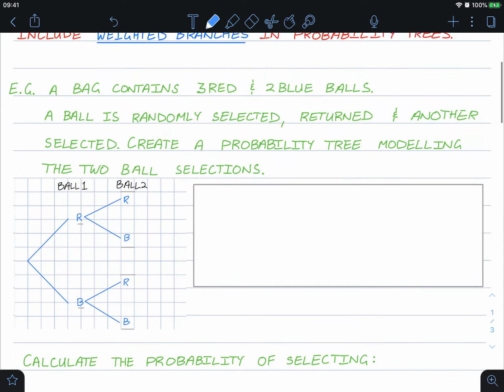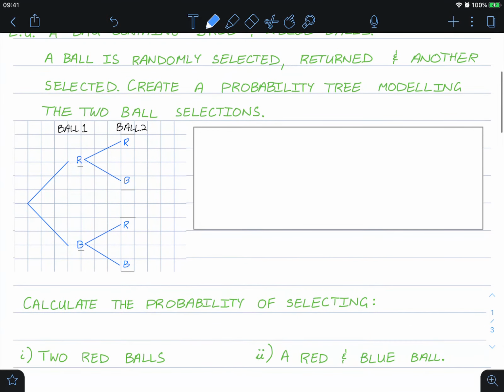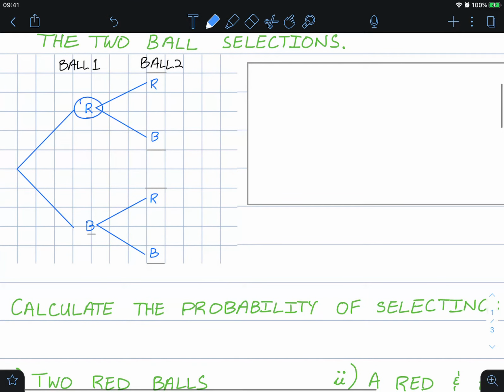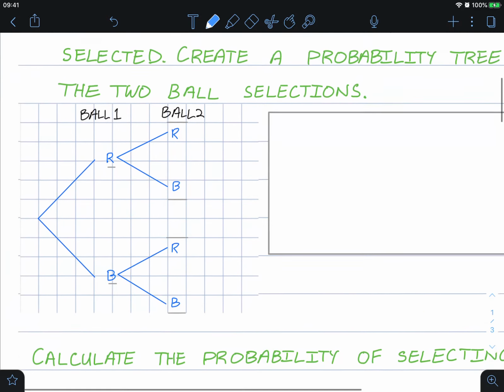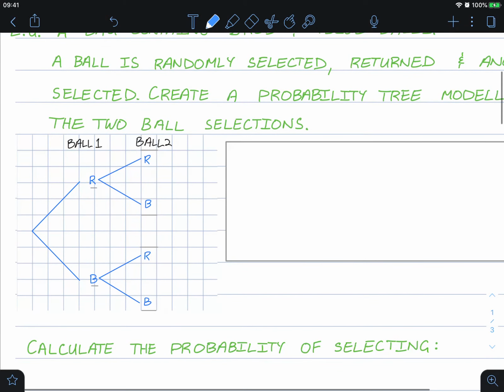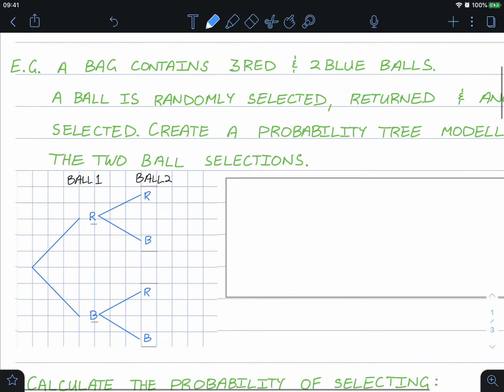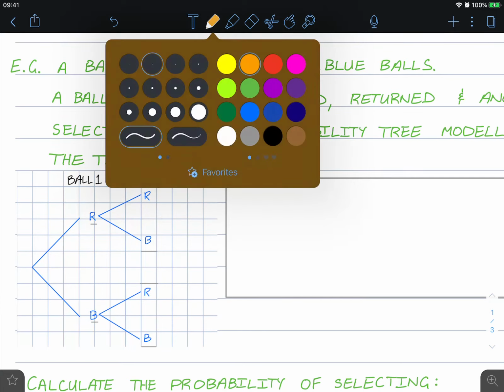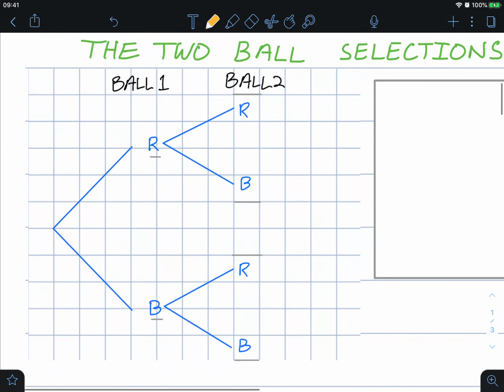But this tree diagram that we've drawn indicates that red and blue are equally likely to occur as one another. It's like saying that there is 1 red and 1 blue ball in this bag. But as you can see, there are 3 red and 2 blue balls. Well, to distinguish between the two, we write the probability of selecting a red ball first.